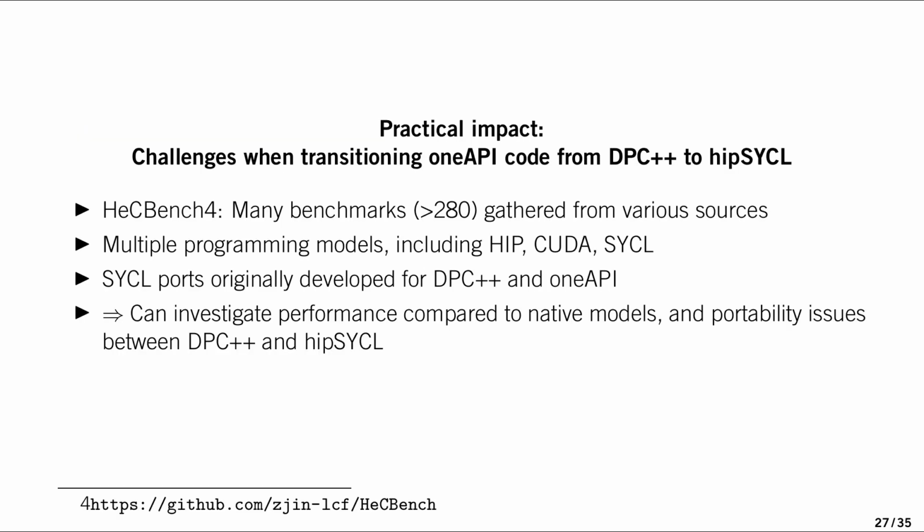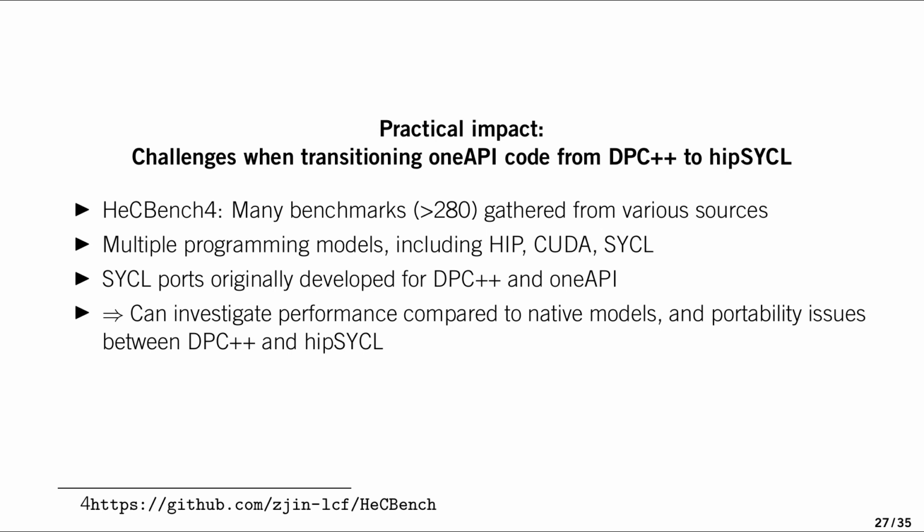So what is the practical impact when we actually try to transition oneAPI code from DPC++ to hipSYCL? To this end, we are looking at HeCBench, which is an open source benchmark collection that contains over 280 benchmarks gathered from various sources.